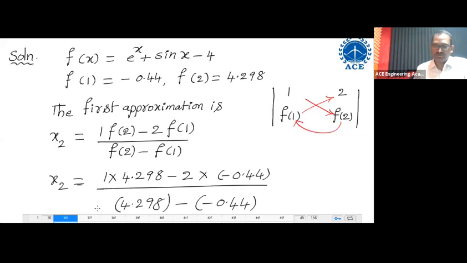Simplify this and let me know the value. x2 is equal to how much? 1.0928, or 1.093. Both are correct.